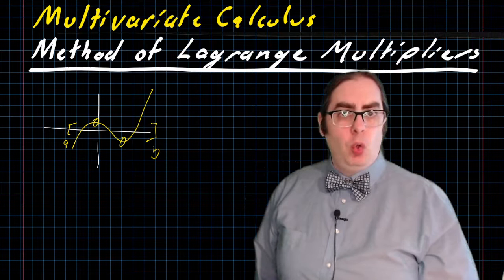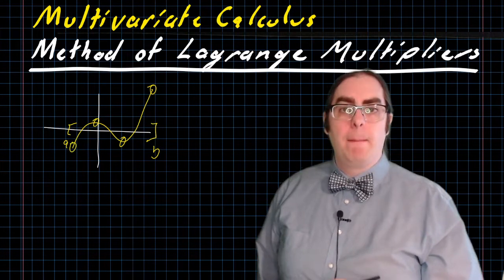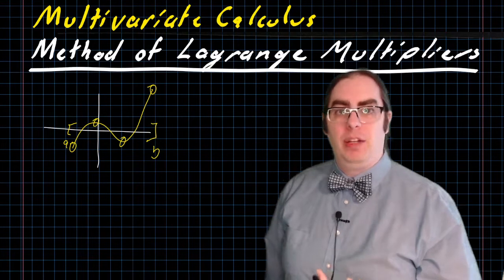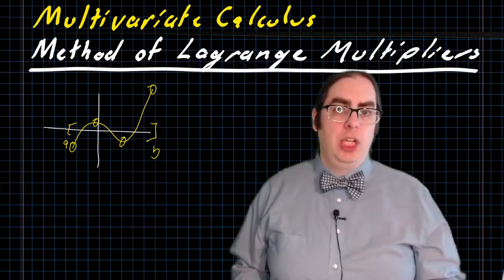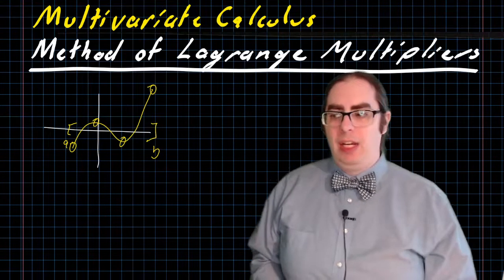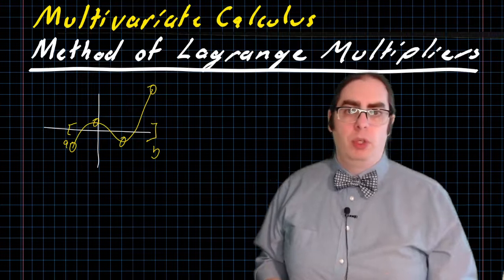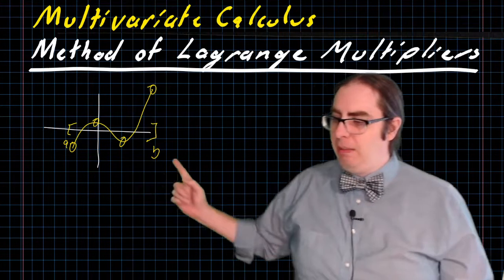But that's not the only option. It could also occur at one of the endpoints of the interval. Now, when we were dealing with a function of one variable, the endpoints of the region that we care about are very straightforward. They are point A and point B.